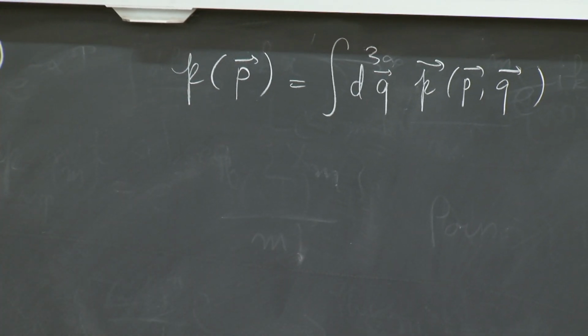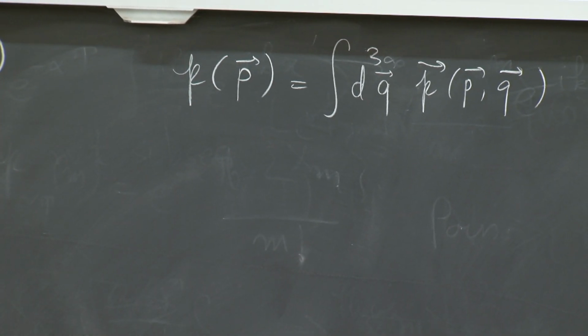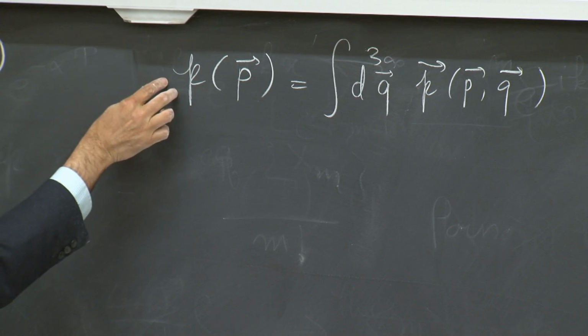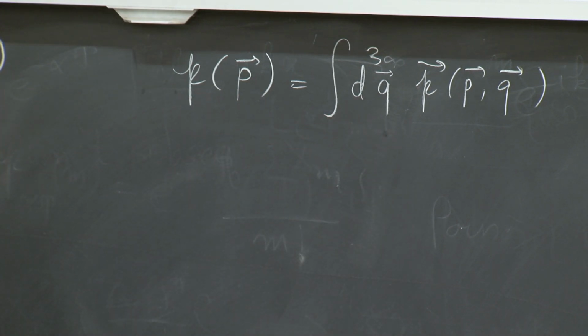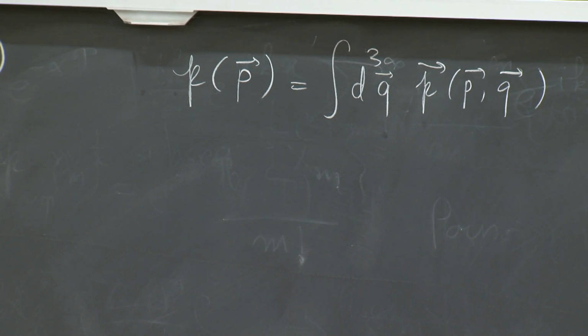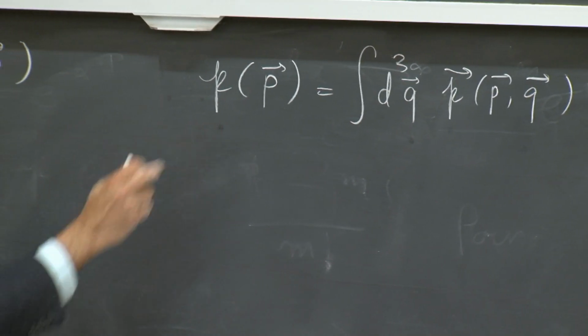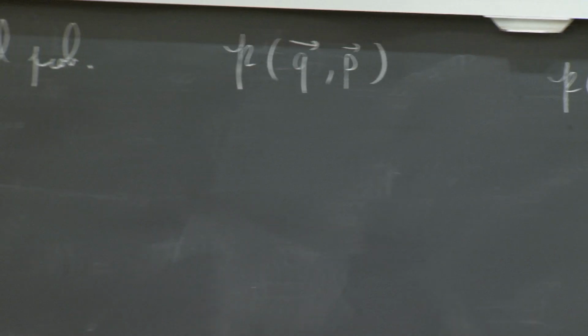And the check that this is correct is that if I were to now integrate this over p, this would be integrated over the entire space, and the joint probability is appropriately normalized so that the joint integration will give me 1. So this is a correctly normalized probability.